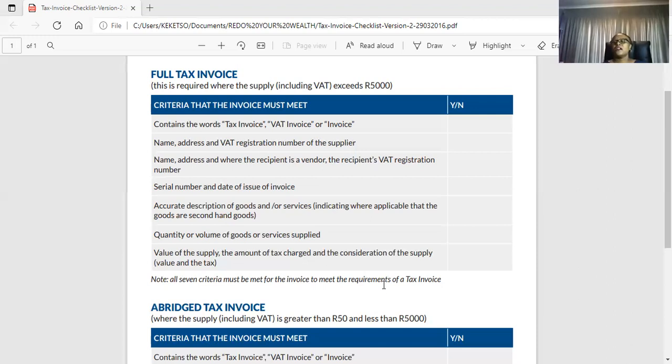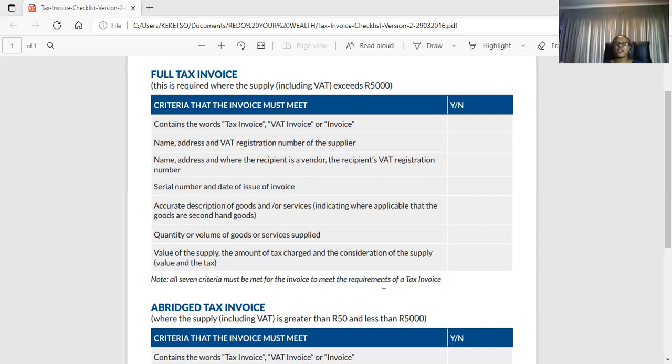If you're claiming VAT on second-hand goods, or you have charged VAT on them, then SARS has to know, because they understand that VAT was charged initially. Are they charging it again? So you need to write an accurate description.